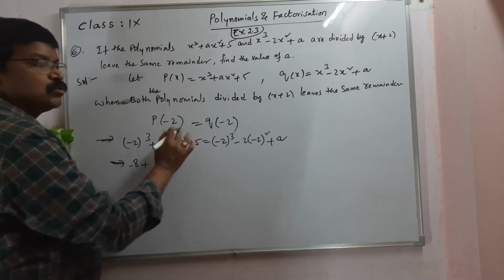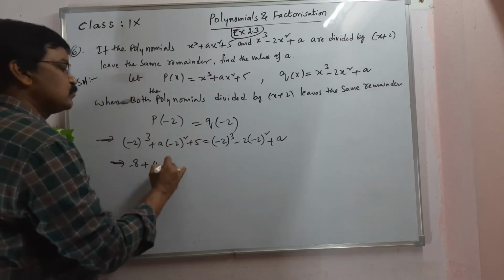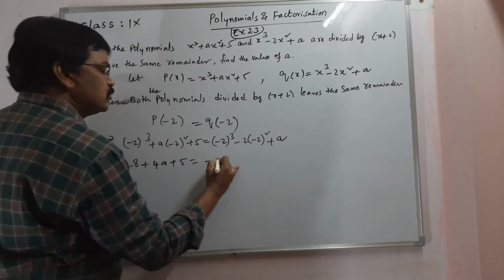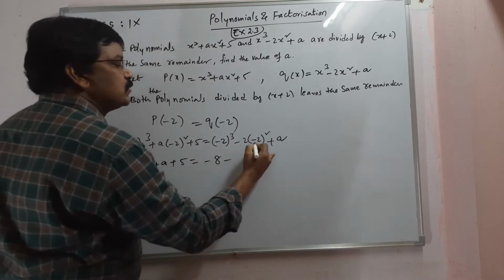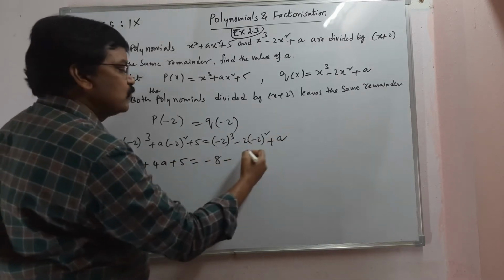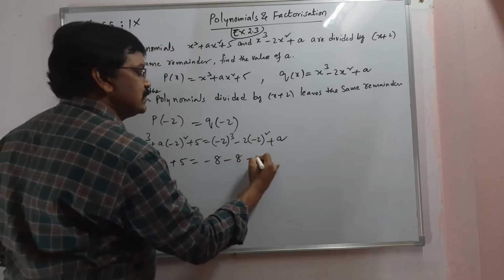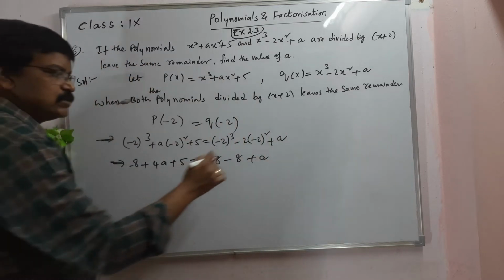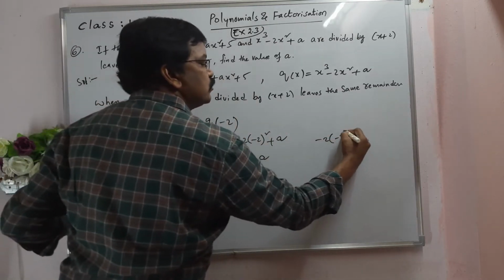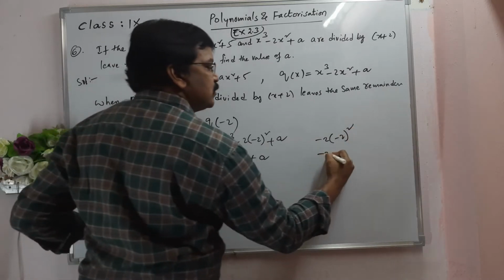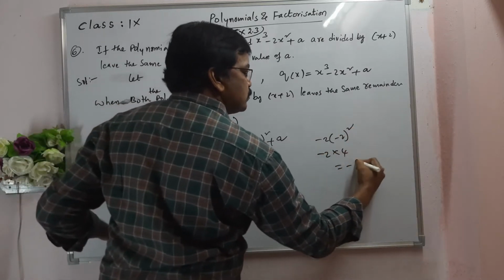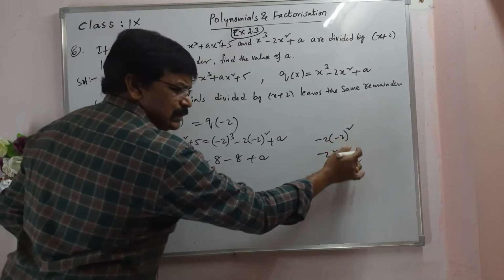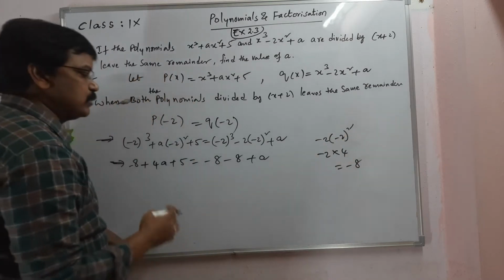Minus 2 whole square is plus 4, so 4a plus 5 is equal to, this is also minus 8, and minus 2 whole square is plus 4, 4 into 2 is minus 8, plus a. Understand here? Minus 2 into minus 2 whole square means minus 2 into 4, that is minus 8. This minus 2 whole square is plus 4, right?